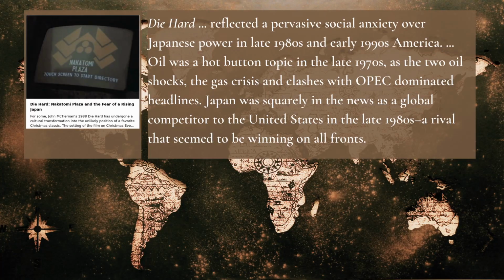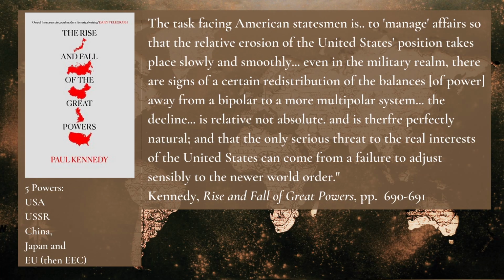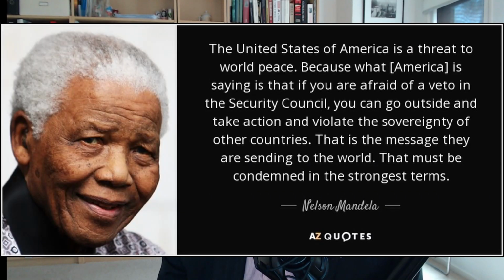Japan was challenging America in economic dominance, causing incredible anxiety and a host of borderline racist films from Hollywood about the challenge of Japan. And in this era too, Paul Kennedy wrote his book, The Rise and Fall of the Great Powers, in which he talked about Japan, the European Union, then still the Soviet Union, and the United States, and the prospective decline or difficulty for the United States to maintain what he described as full spectrum dominance across all dimensions, across all regions of the world.